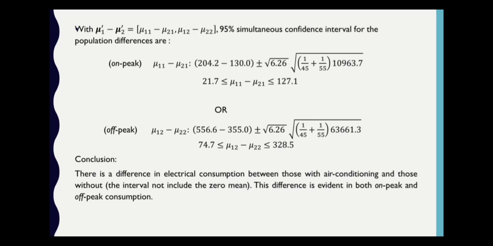So what can we conclude for overall? There is a difference in electrical consumption between those with air conditioning and those without. Maksudnya ini adalah population kita. Population kita tadi kan adalah homeowners with air conditioning and without air conditioning. So we can say that the difference in electrical consumption between those in first population and second population are different.